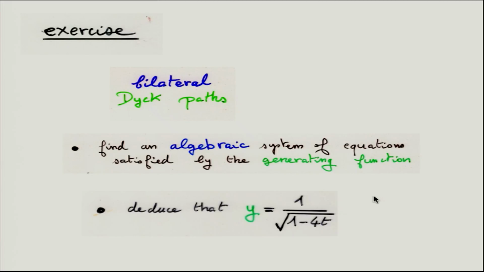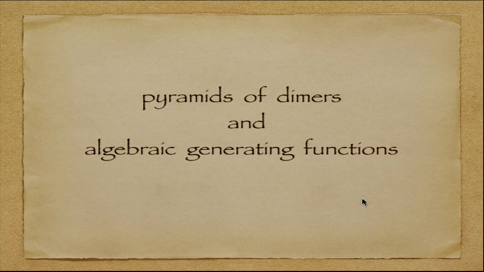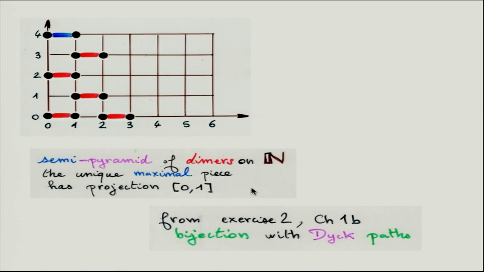So let's go back to heaps now. You remember there was an exercise to find a bijection between quasi-partitions and heaps of diamonds. And in the special case where you have a semi-pyramid, this gives you a Dyck path, Catalan number. So now we are doing a second exercise to give another proof.